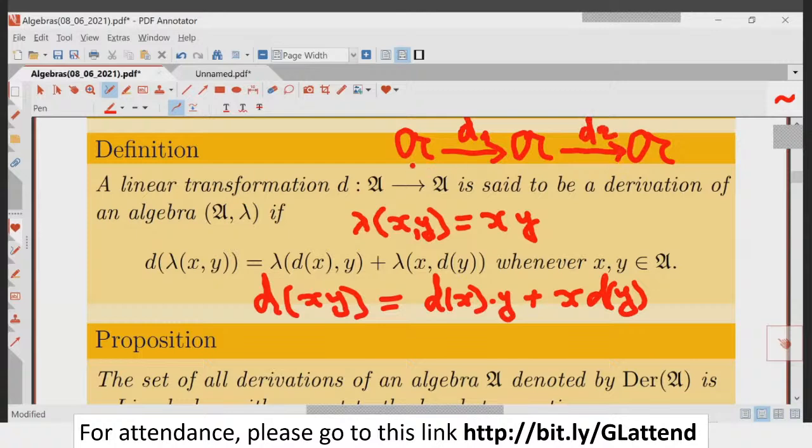If you compose, you will get such a function. This function is called D2 of D1. First apply D1, then apply D2. So from here, if you apply D1, you will come here. Applying then D2, you will get here. So for each element of A, you assign another element of A again. So this is a function from A into A.